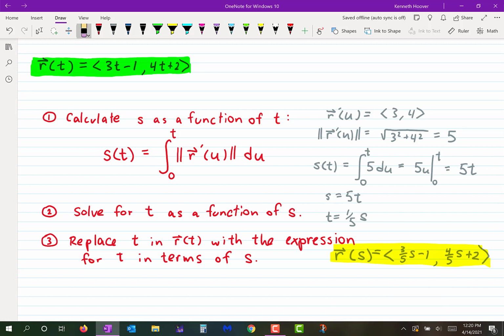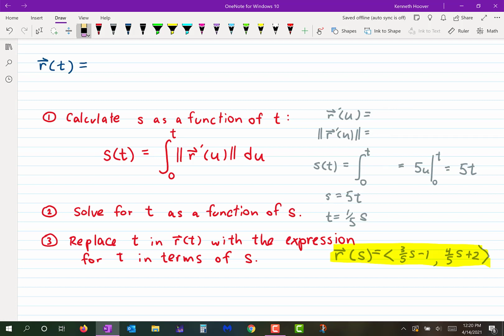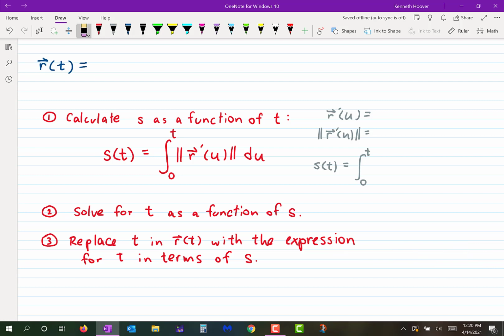Let's do one more for extra practice. Okay, so this time let's take the vector valued function r of t equals 4t squared plus 2, comma, 3t squared.